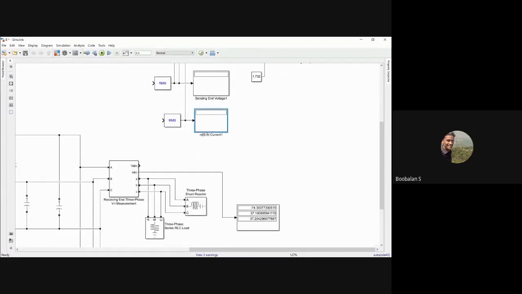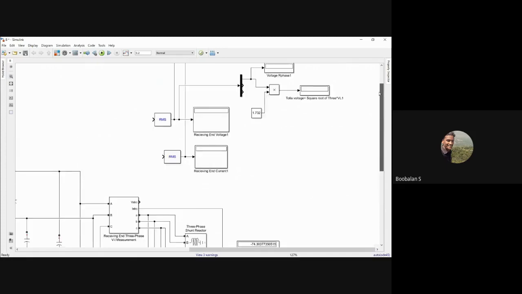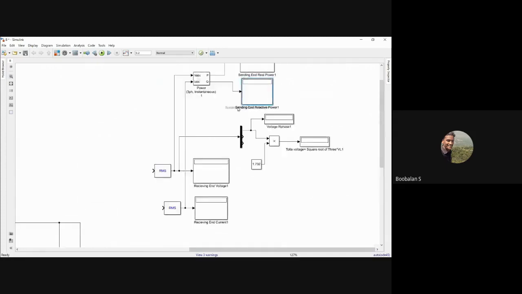Receiving end current, receiving end voltage, receiving end reactive power, and voltage across phase. This all will be the same, no issue.